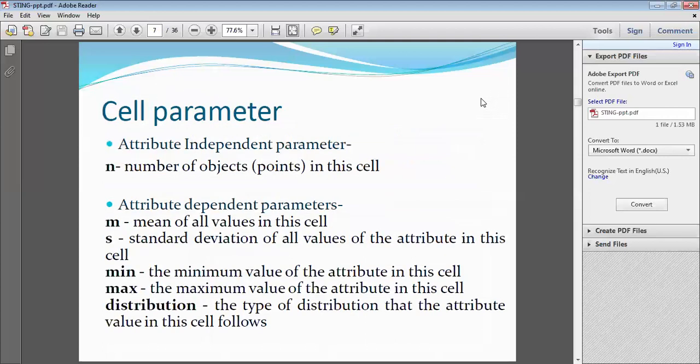So in this way, we just need to calculate the 5 parameters for the bottom layer, and with the help of the parameters lying at the bottom layer we can calculate the 5 parameters for the upper layers, and by doing this iteratively we can finally calculate the 5 parameters for the single grid lying at the root level.